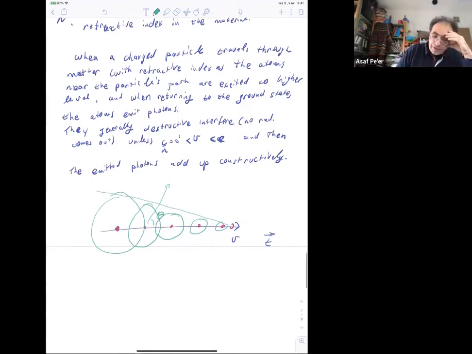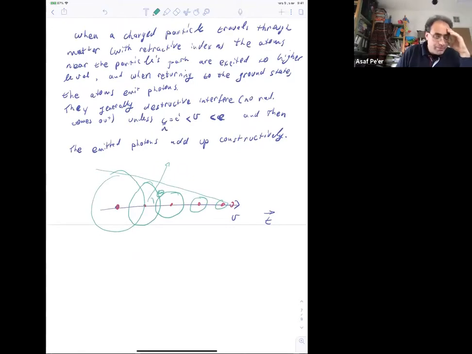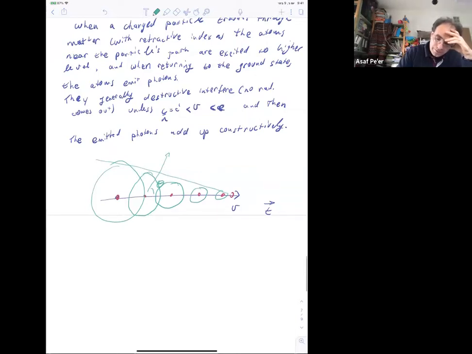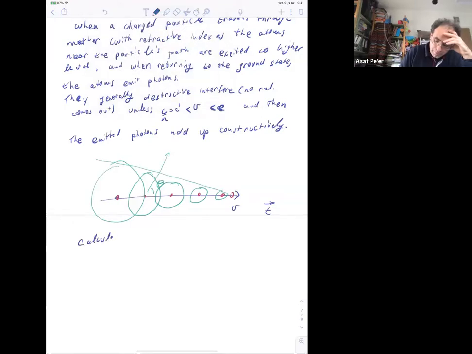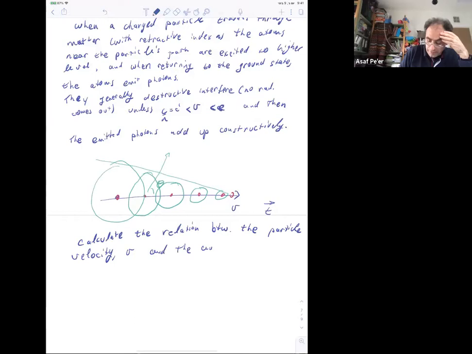So the first question is to calculate the relation between the particle velocity v and the radiation angle theta.